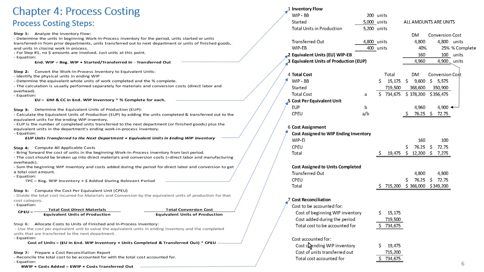They're accounted for in the ending work in process inventory of $19,475 and the cost of units transferred out of $715,200 for a total of $734,675. Because the two amounts are equal, we have reconciled the cost incurred during the period with how it was assigned.